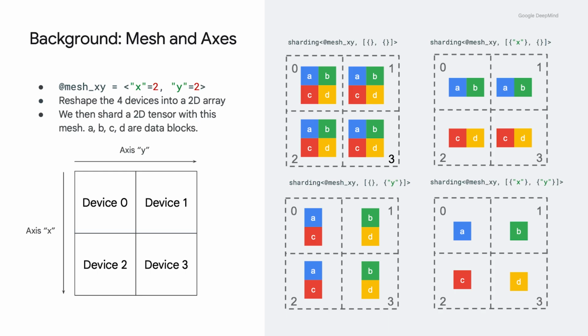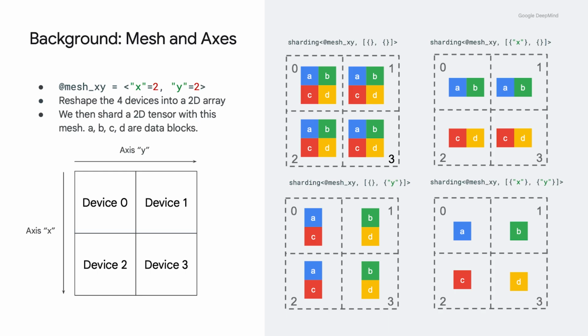For example, in this example we have a 2x2 device cluster, and we reshape it into a 2x2 device array, as shown in the graph on the lower left. When we apply shardings to a specific tensor, we map the corresponding tensor blocks onto specific devices.